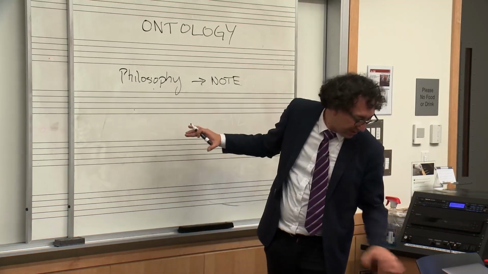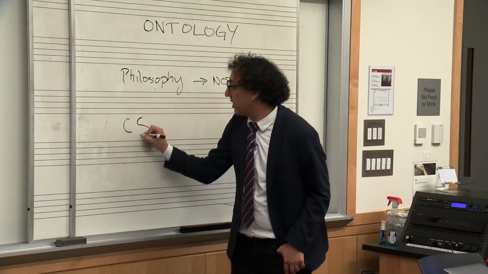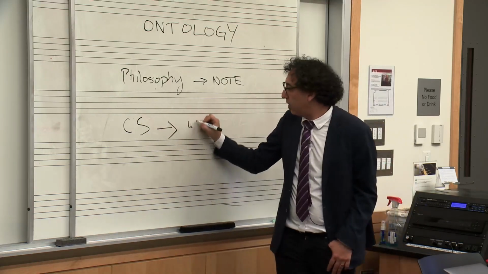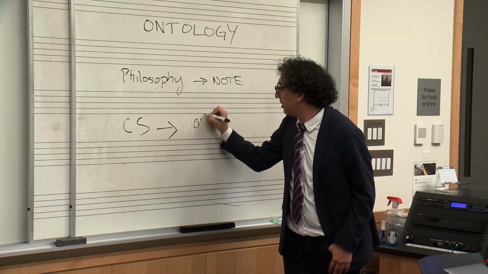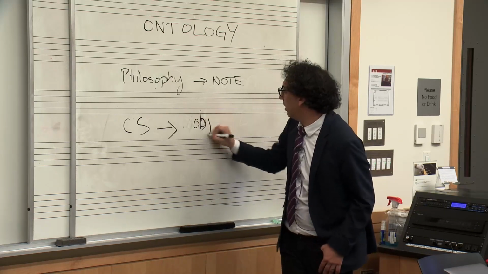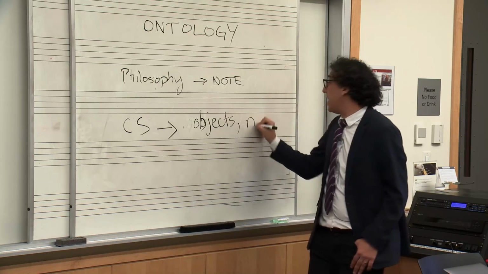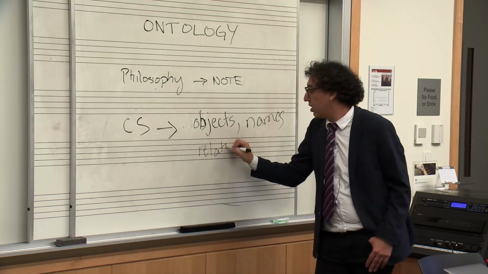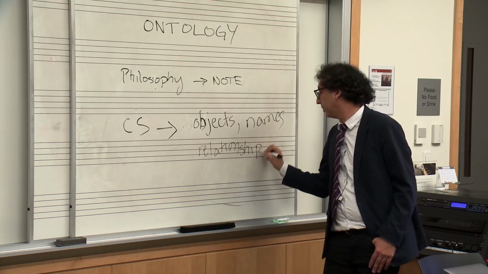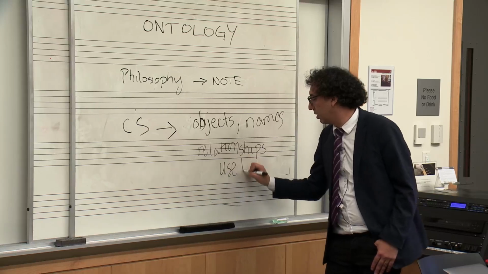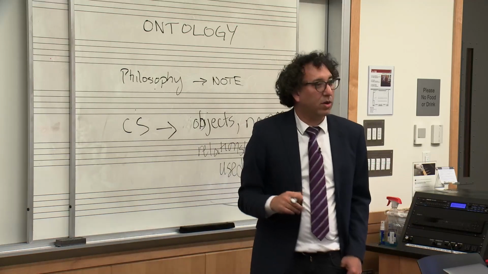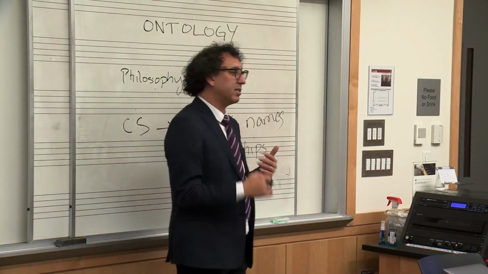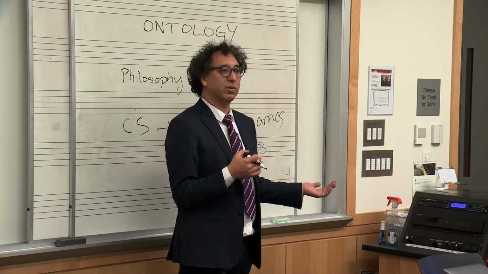We're not going to get to the second half here, but we'll end with the computer science usage, which is also very cool and related. And that would be: what are all of the objects, names, and relationships used in a representation? So an ontology of your computer's file system might say that there are documents and there are folders.